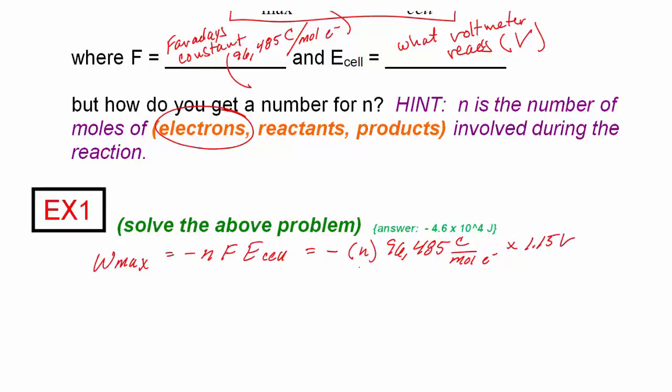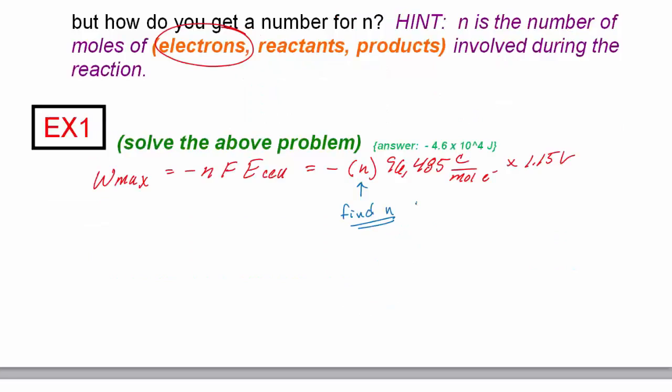So the only thing we need to do is find n. We find n, plug it in, and we get our Wmax. To find n, we are going to convert those 45 grams of silver all the way to moles of electrons. That's what we need to do.